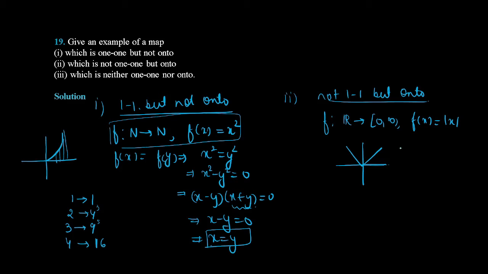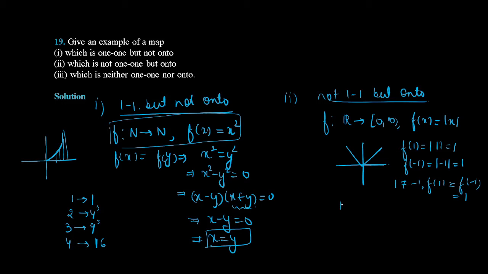Why is it not one-one? Because f of 1 is mod 1, which is 1, and f of minus 1 is mod of minus 1, that is also 1. So for different points the images of f(1) and f(-1) are both the same, which means it is not a one-one function. Now we have to check whether it is onto or not.